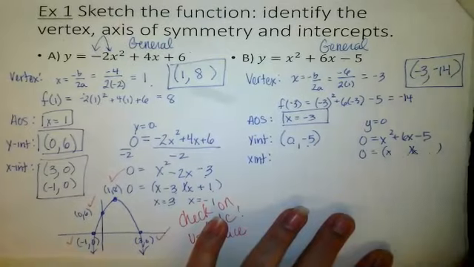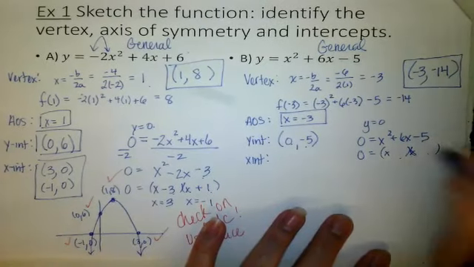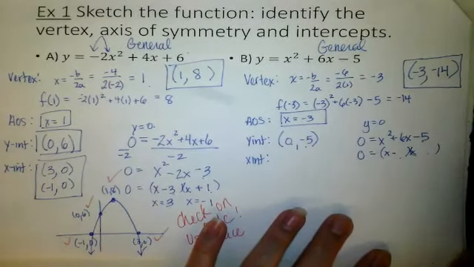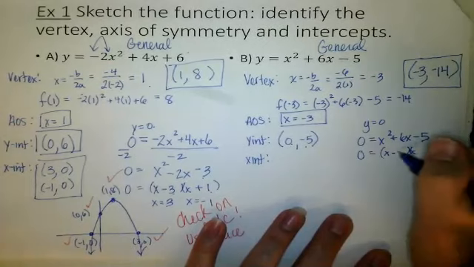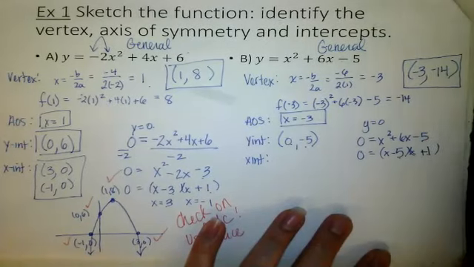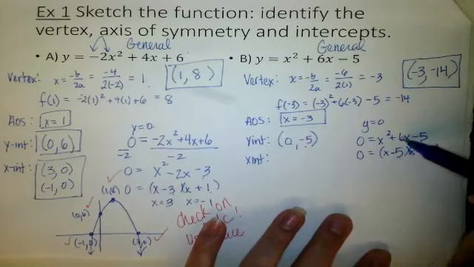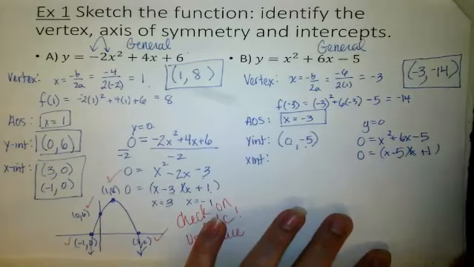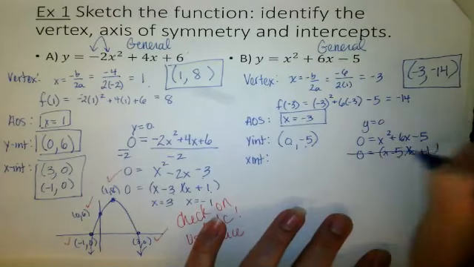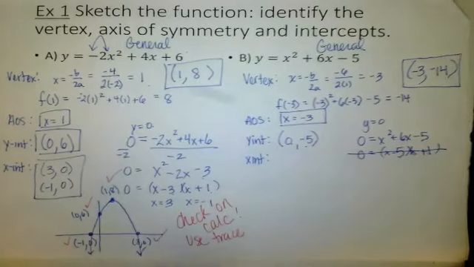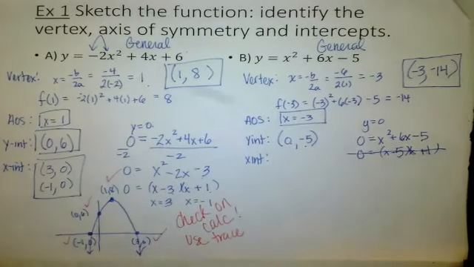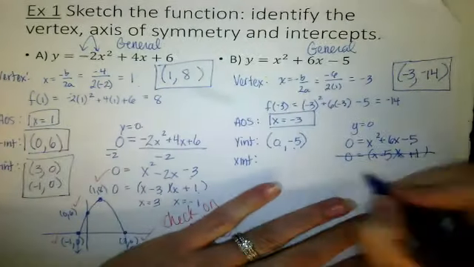What times what is -5? That's +5. -5 and +1 gives you -4. Does it factor? No, it does not factor, which means we have to do what? The quadratic formula. Yes. Okay.